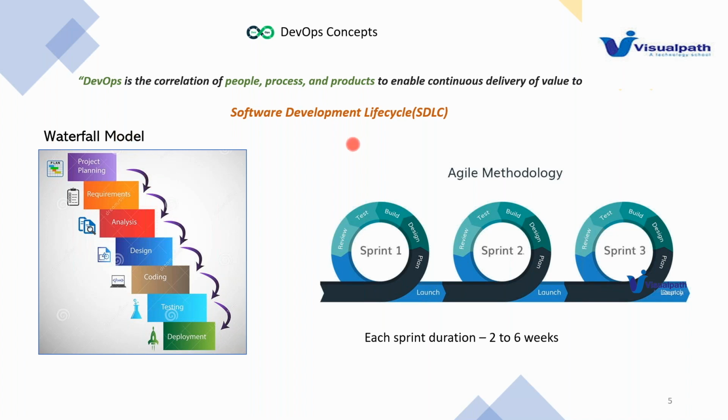That's where the agile methodology comes in, where we are doing continuous planning, designing, requirement gathering, building the code and testing the code, and we have reviews with the client also.